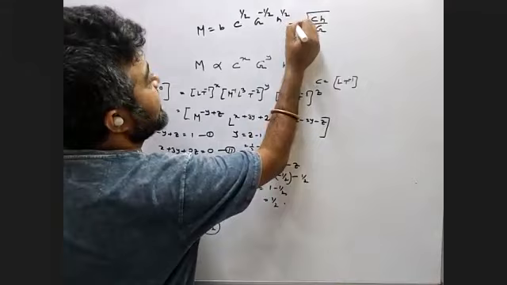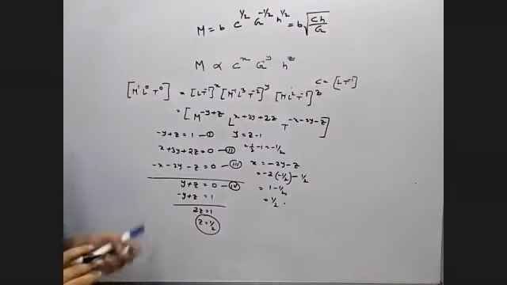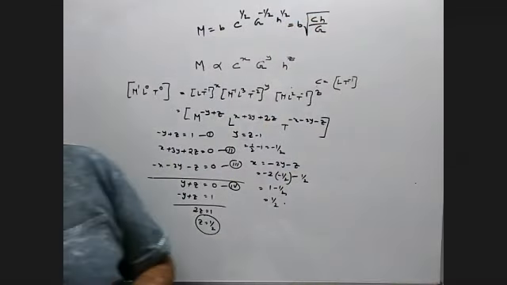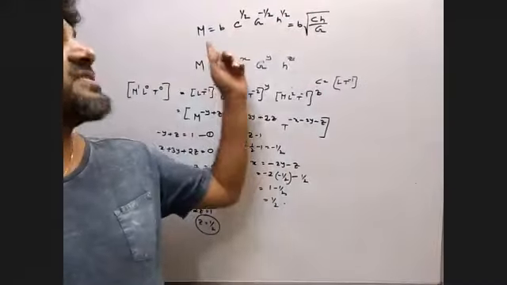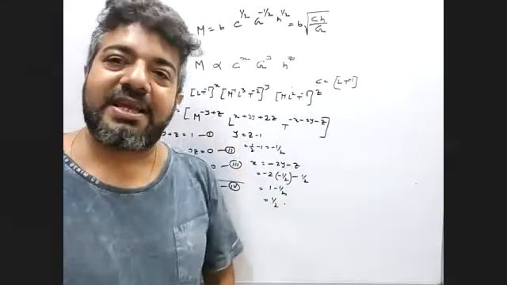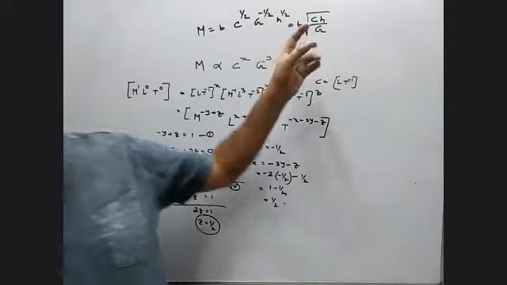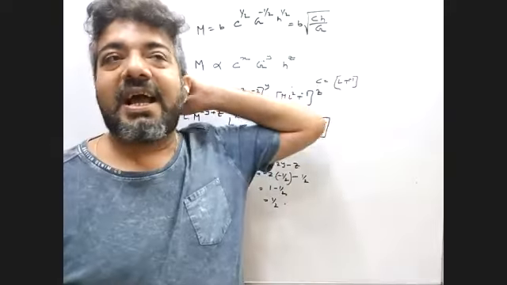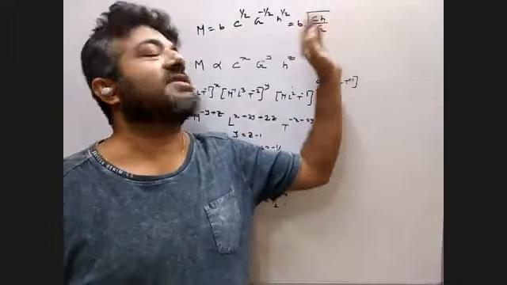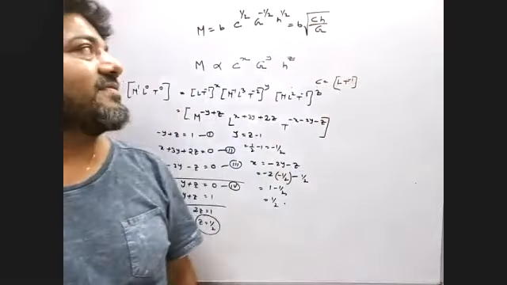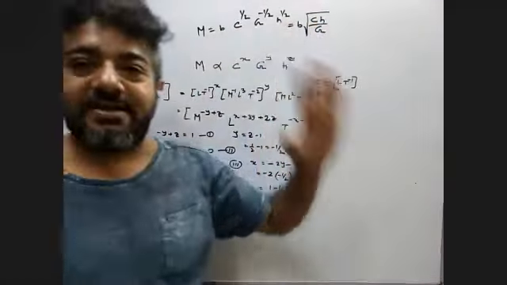And that's why it's a very popular formula. So many times they can ask you, and sometimes they can say, express mass in terms of the fundamental quantities, velocity of light, Planck's constant, and universal gravitational constant. So you have to write in that manner.